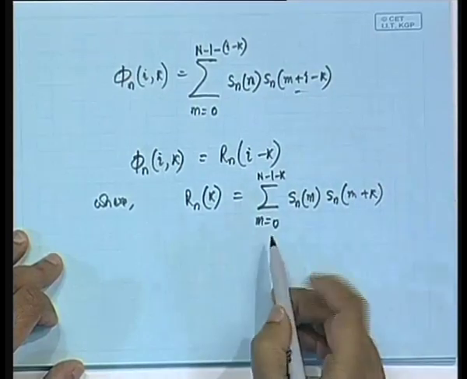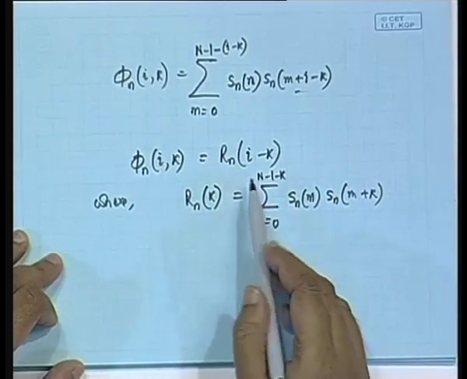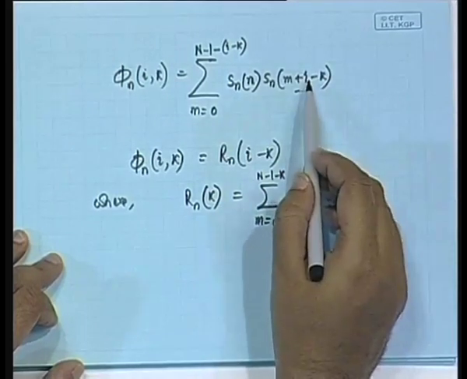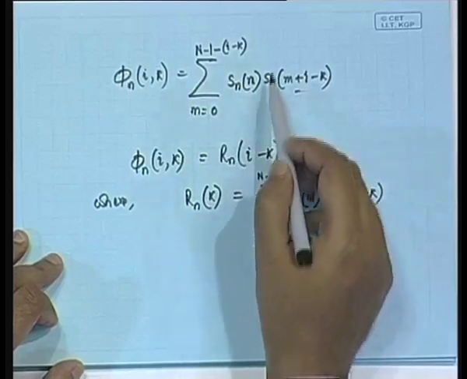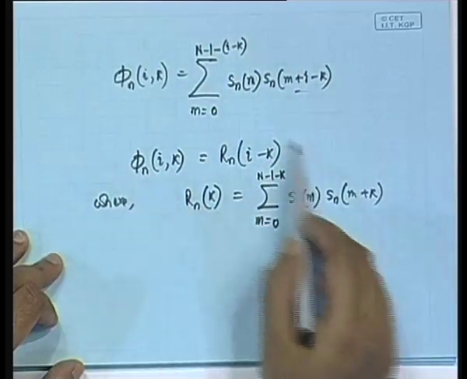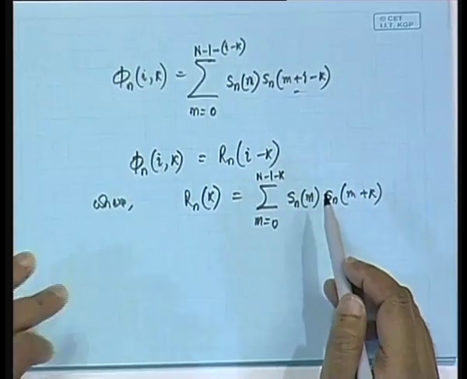With this definition, in place of k we put i minus k, and then this equation results. So phi_n(i,k) becomes R_n(i minus k).